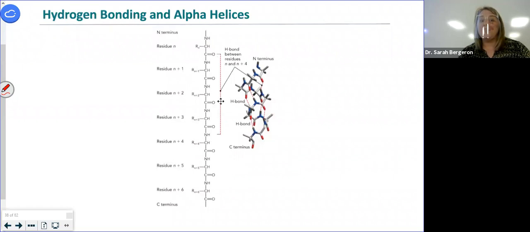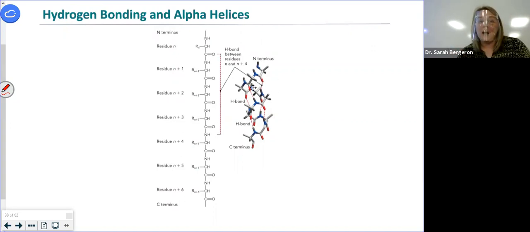That looks like a really far distance, doesn't it? But is it in actuality? No, it's really close, because you had to go 4 residues to come back to that same spot, but just 1 coil down. And that's where you're making those hydrogen bonds.